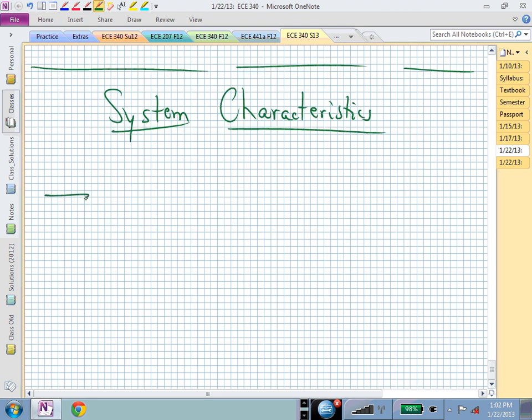In particular, we want to be able to, given some description of a system, some model, distinguish between a linear system and a nonlinear system. And we want to start analyzing later in the course with linear systems. They're much easier to deal with versus nonlinear.